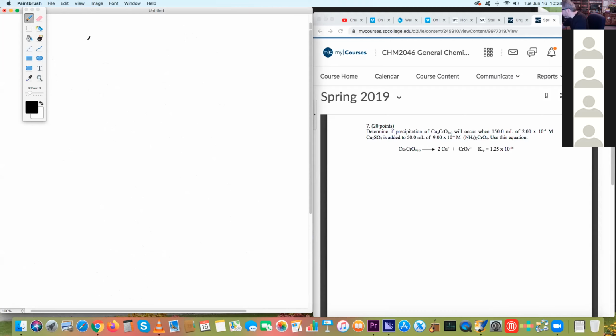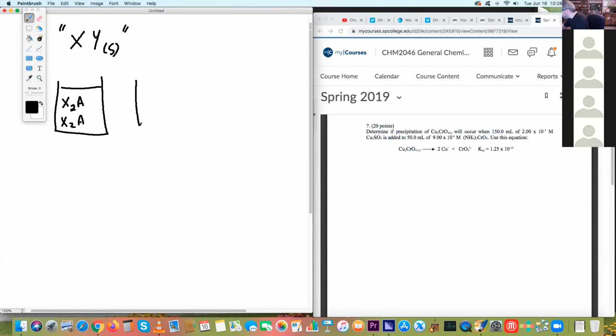Let's say we've got this, I'll just call this XY solid as our precipitate. And in one solution, you might have this salt.